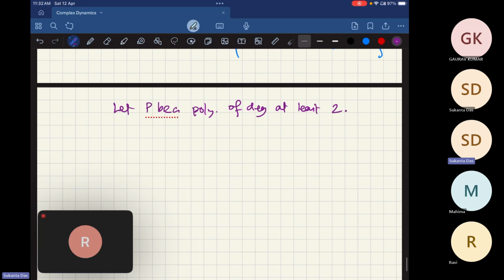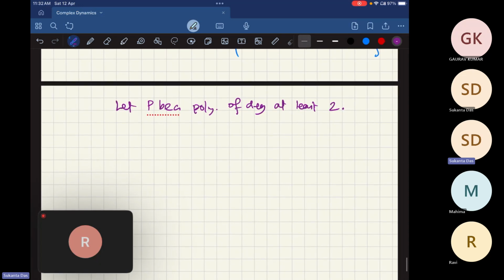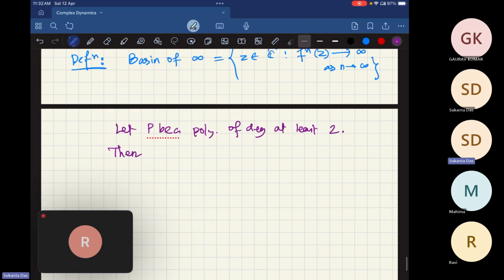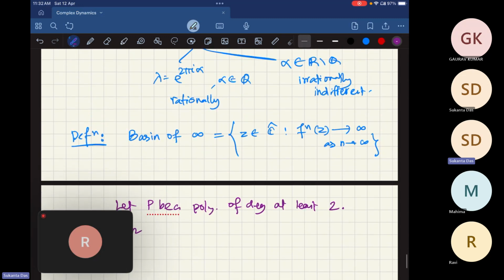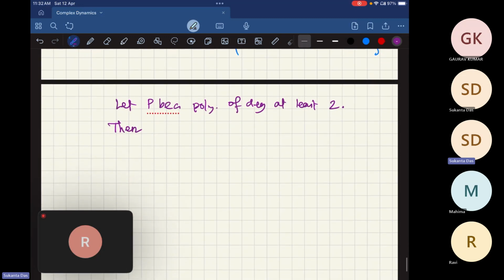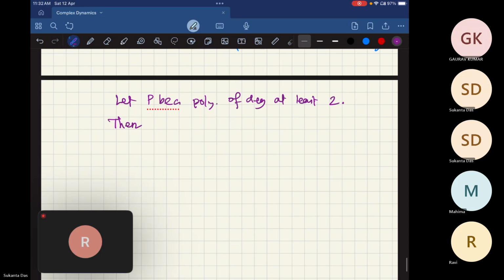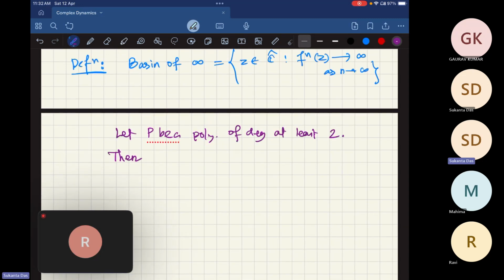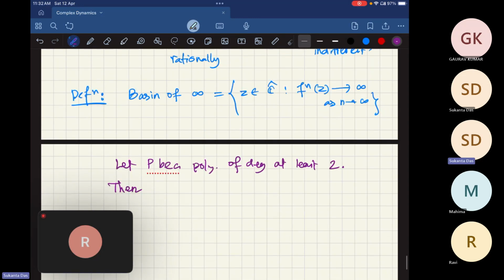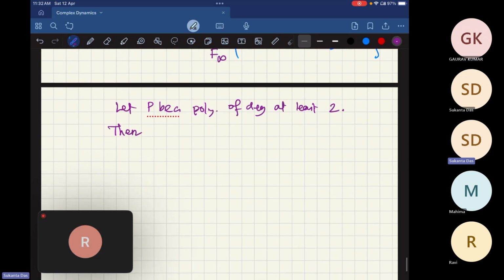If the degree of the polynomial is at least 2, then maybe I should denote this set, the basin of infinity, by F infinity.